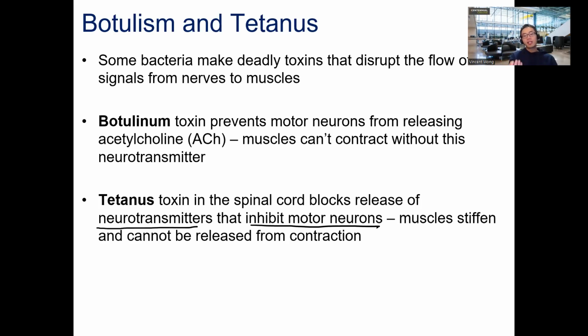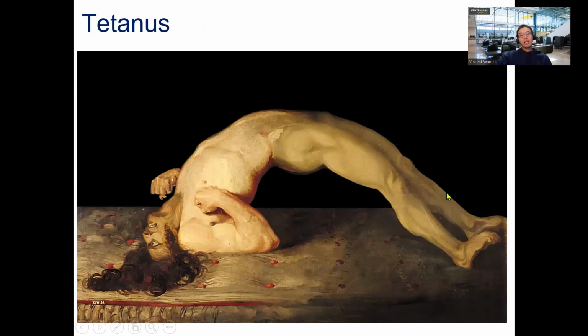So that's what the tetanus toxin does. It blocks the release of a neurotransmitter that stops the motor neuron. So as a result, nothing is inhibited and everything just contracts, and then the person becomes very stiff. So this is a classic picture. If you search tetanus on Google, this picture will always pop up.